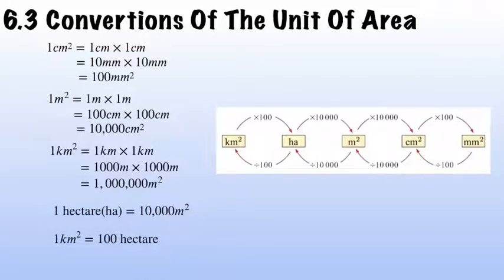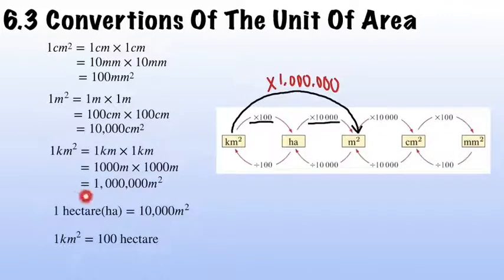So while we want to convert from km square to m square, from here to here, we need to times 100 and then times 10,000. So 100 times 10,000 we will get times 1 million.